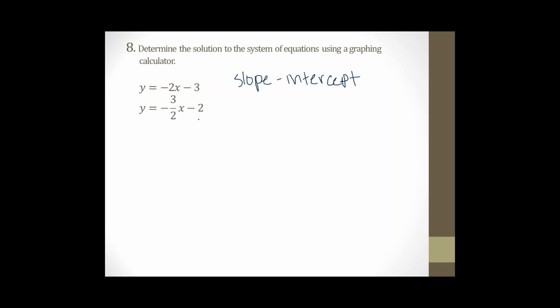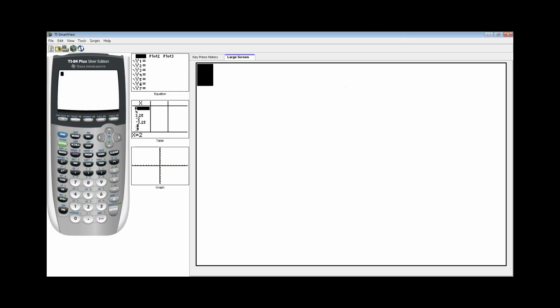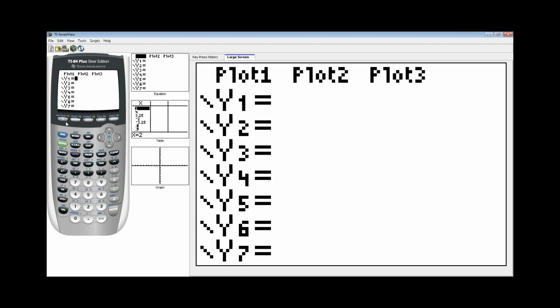Okay, so let's look at our graphing calculator. To graph this system, you want to go to y equals, and you want to make sure there are no equations in there, and we're going to put the two equations here.